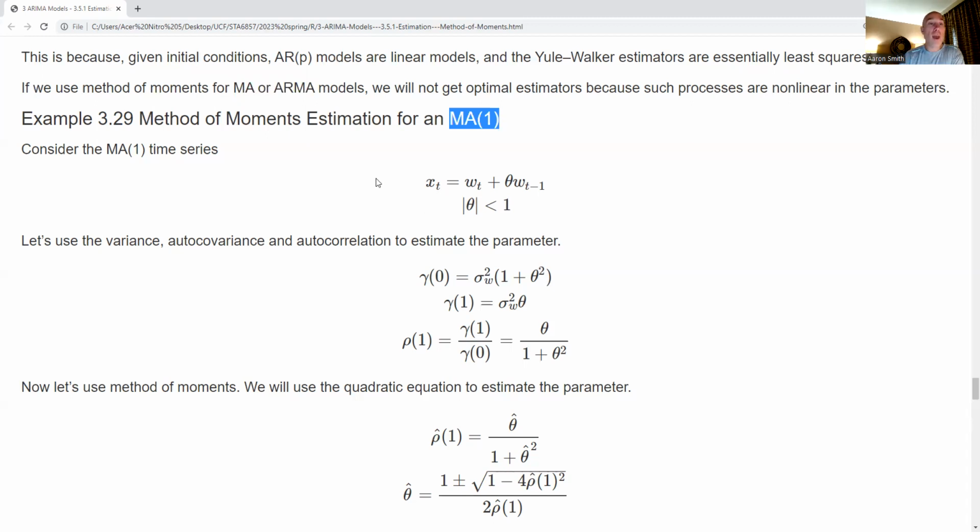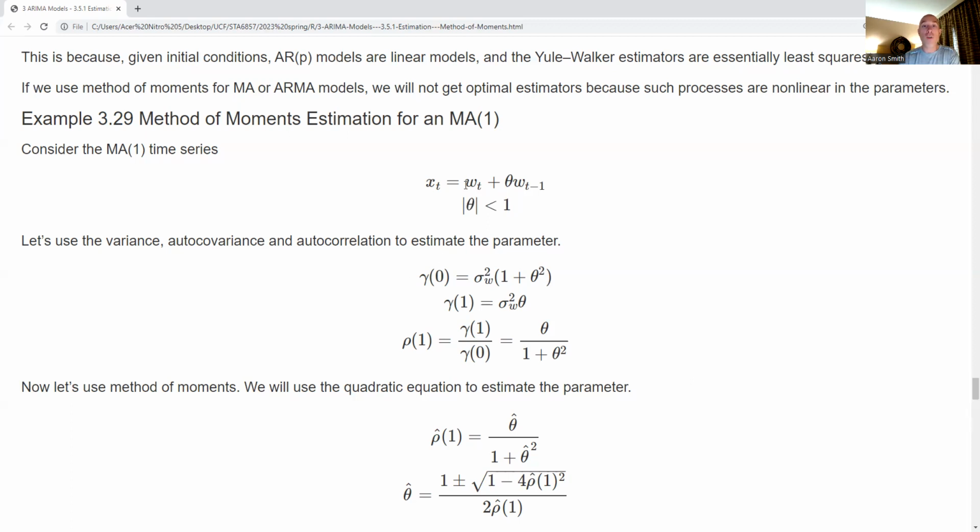All right, so let's say that we have a moving average 1 time series where we have the current white noise term plus a coefficient times the previous white noise term, and that coefficient is less than 1 in magnitude. All right, so let's go ahead and compute the variance, autocovariance, and autocorrelation of this process.